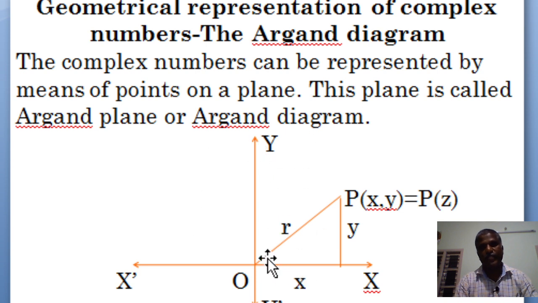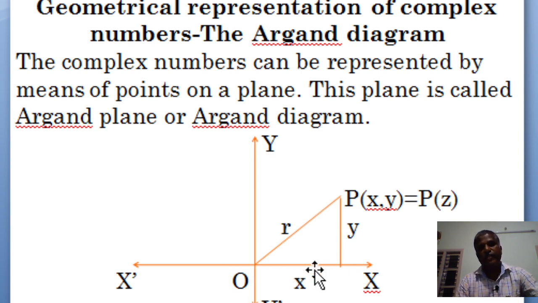Here the complex number x plus iy is represented by the point P(x, y) in the xy plane, which is a rectangular coordinate system. The horizontal line X'OX is called the real axis, that is the x axis, and the vertical line YOY' is called the imaginary axis.